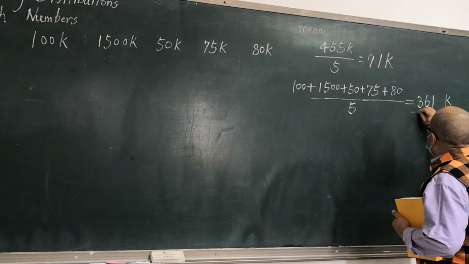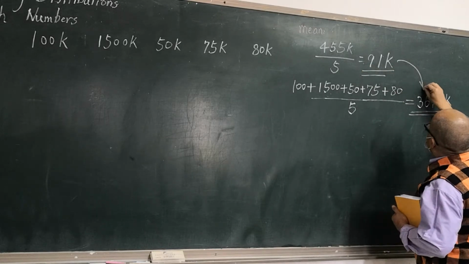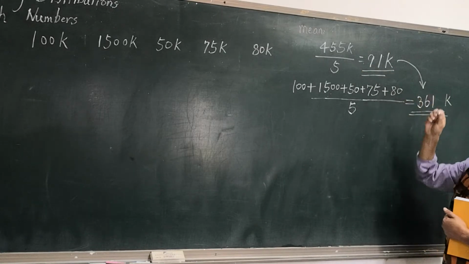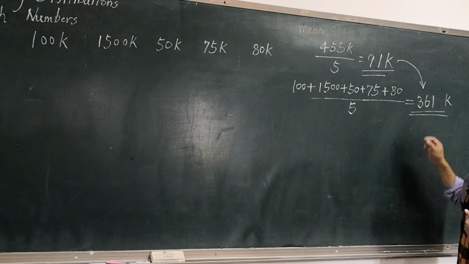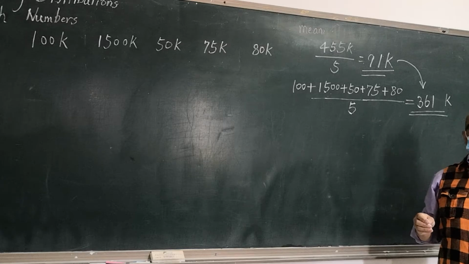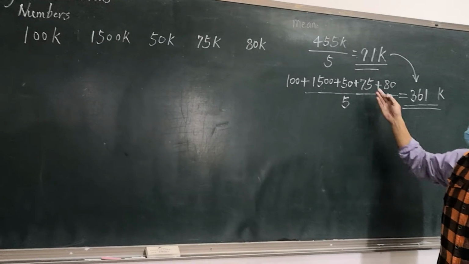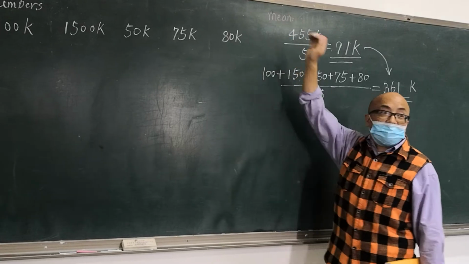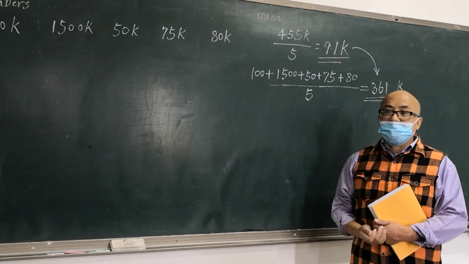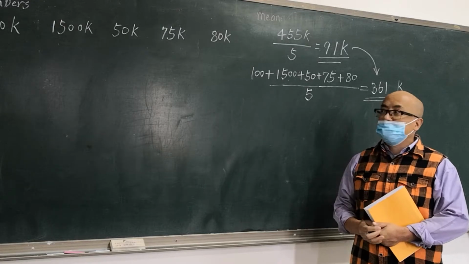And now the average goes from 91K to 361K. So this is the problem for the mean.